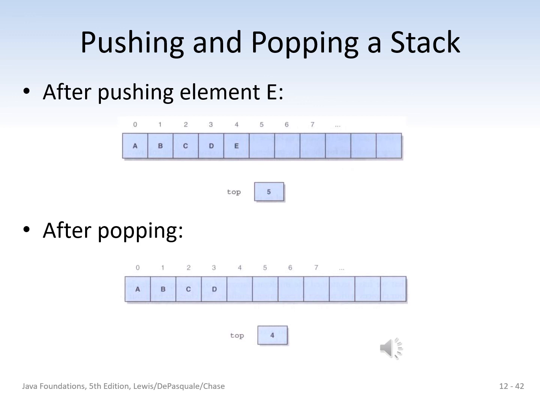Top moves from 5 to 4. Okay. And then 4 gets assigned to result, I think, was the name of the variable. And then we assign null to top. So we actually do delete or eliminate the value in memory.